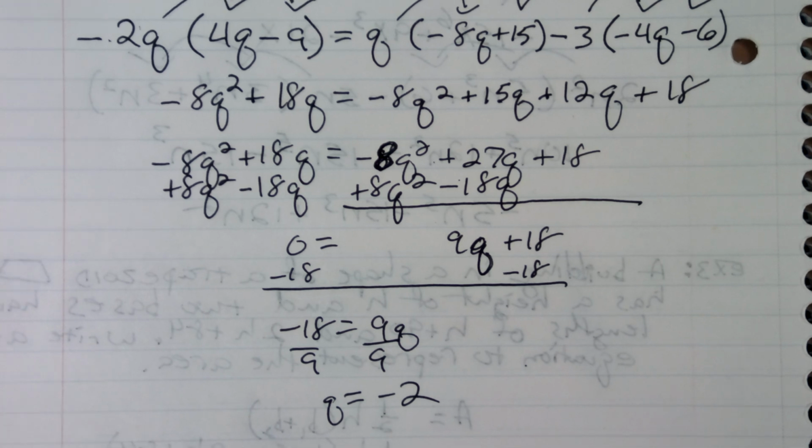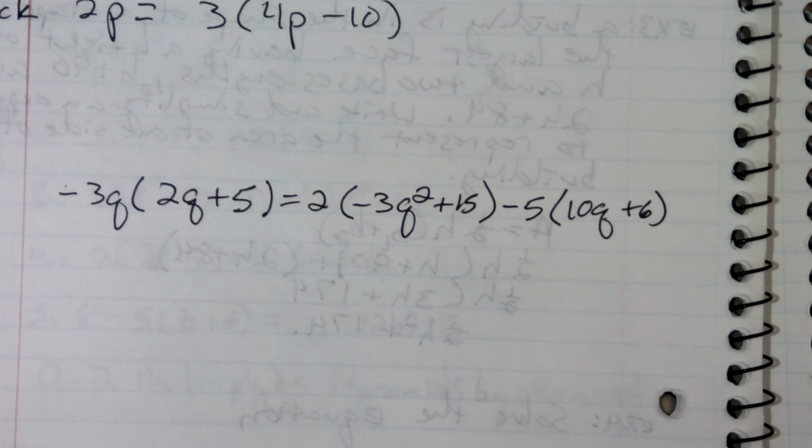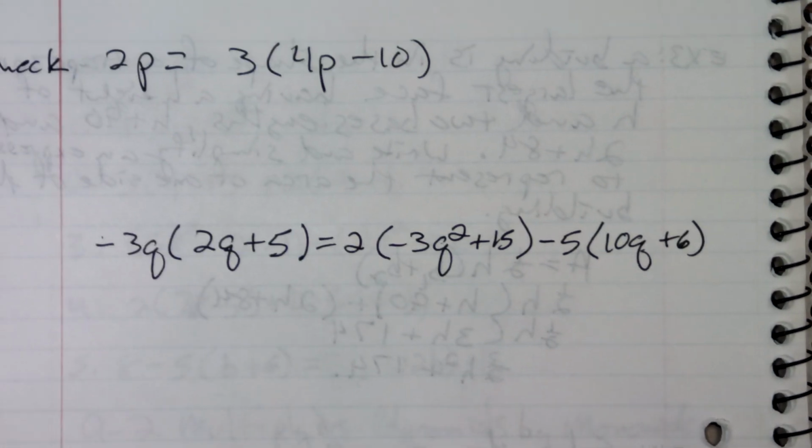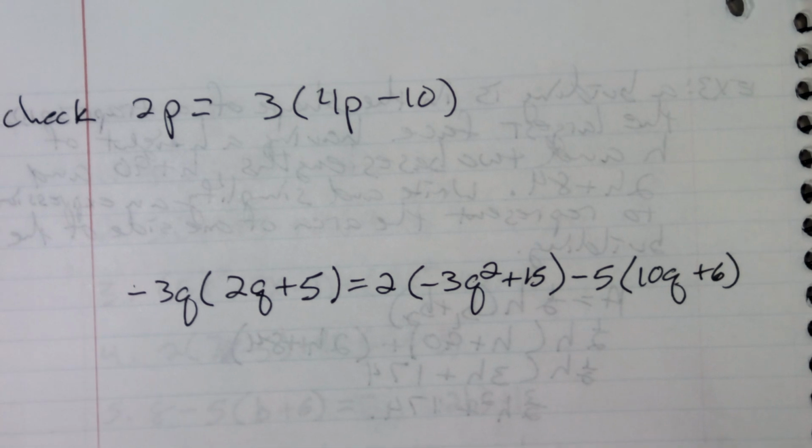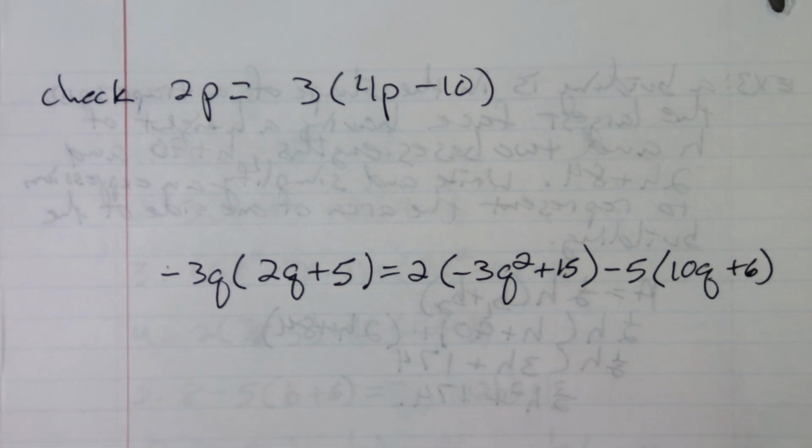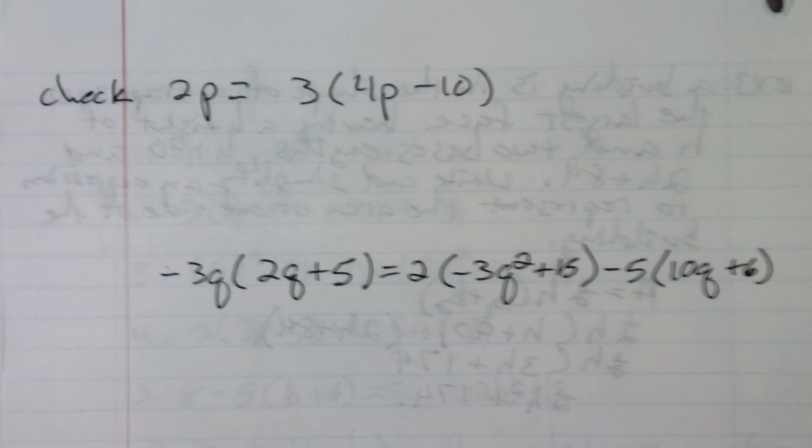All right, 2 checks left, and then we're done. So 2p equals 3 times 4p minus 10. And then the bottom one's kind of long, but it's not that difficult.